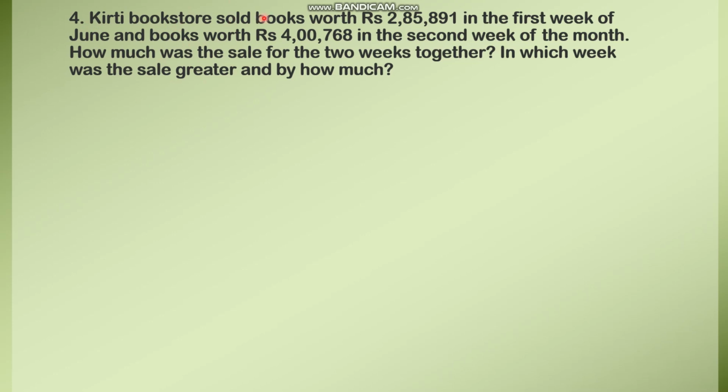Kirti Bookstore sold books worth rupees 2,85,891 in the first week of June. So that is given, and in the second week the amount is also given, and you have to find out the total sale.